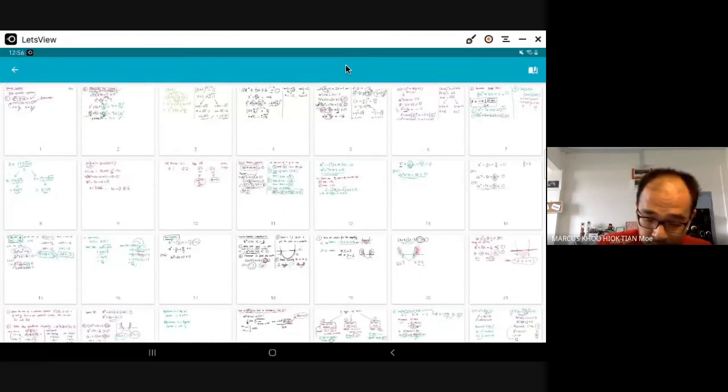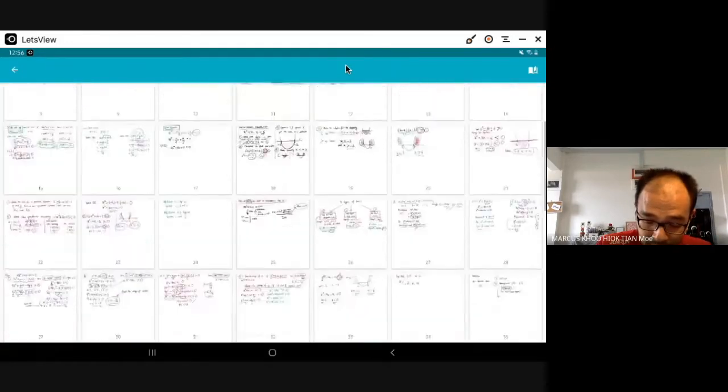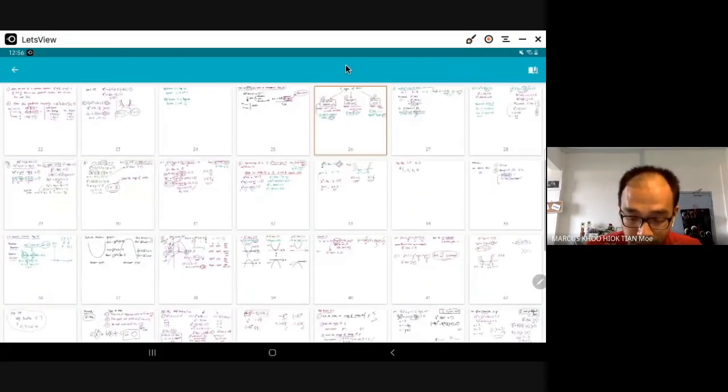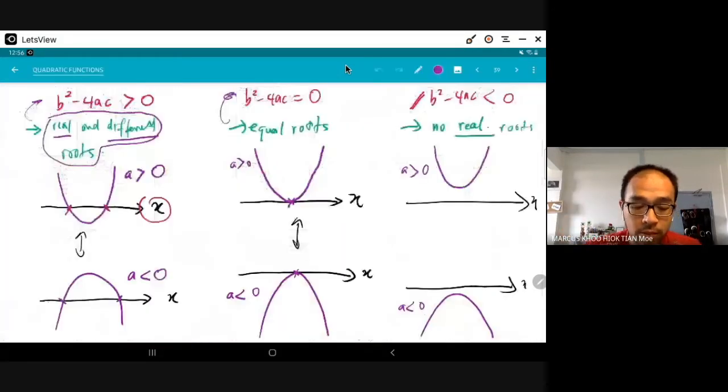Here, this one. If b squared minus 4ac is a positive number, there are two real and different roots. If b squared minus 4ac is positive, it will cut at two places like our graph just now. If b squared minus 4ac is exactly zero, it will cut at one place. And if b squared minus 4ac is a negative number, the graph will be hanging in the air.